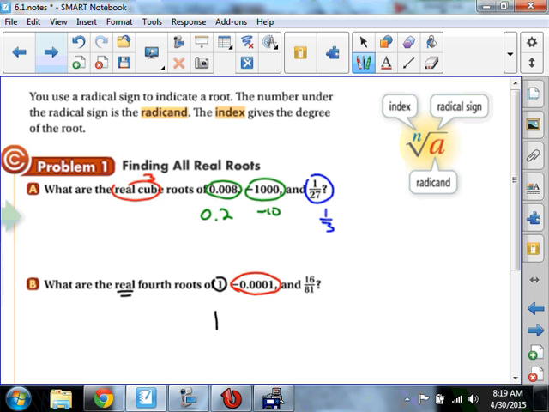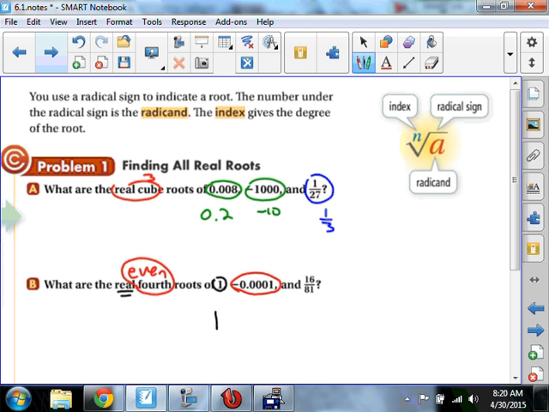Well, let's think about this. Here the index is even, right? What do we know when the index is even? Can we have a negative radicand? No. And it asks us what's the real root of negative 0.0001. It's non-real or imaginary, and they're asking us for the real one. There isn't a real one.